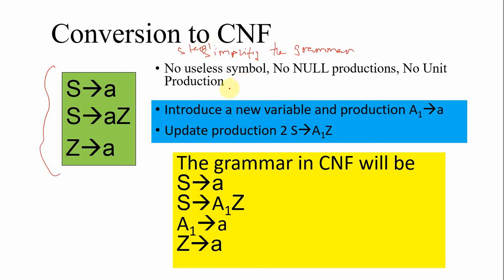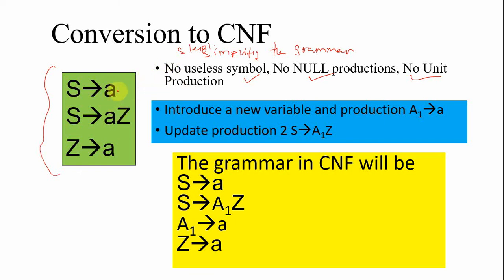How will a CFG be simplified? By removal of useless symbols, by removing null productions, by removing unit productions. But luckily for us, this grammar doesn't have any of these. There are no useless symbols, all symbols are useful. We do not have null productions, we do not have unit productions also. So we are good to go. It is already a simplified grammar.